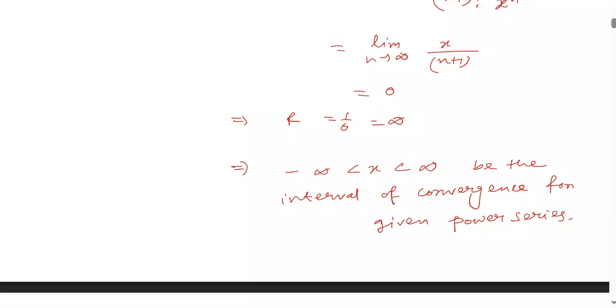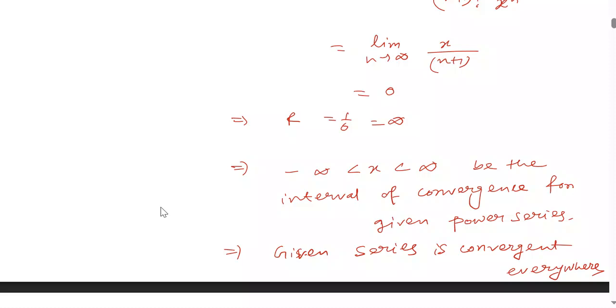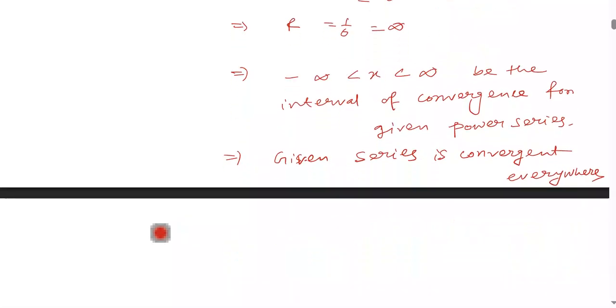From here, we can say that the given series is convergent everywhere. देखो, पहले तो मिल गया था कि वो कन्वर्ज करेगा फॉर ऑल R, तो ऑल R के लिए कन्वर्ज करेगा मतलब एवरीवेयर कन्वर्ज करेगा.